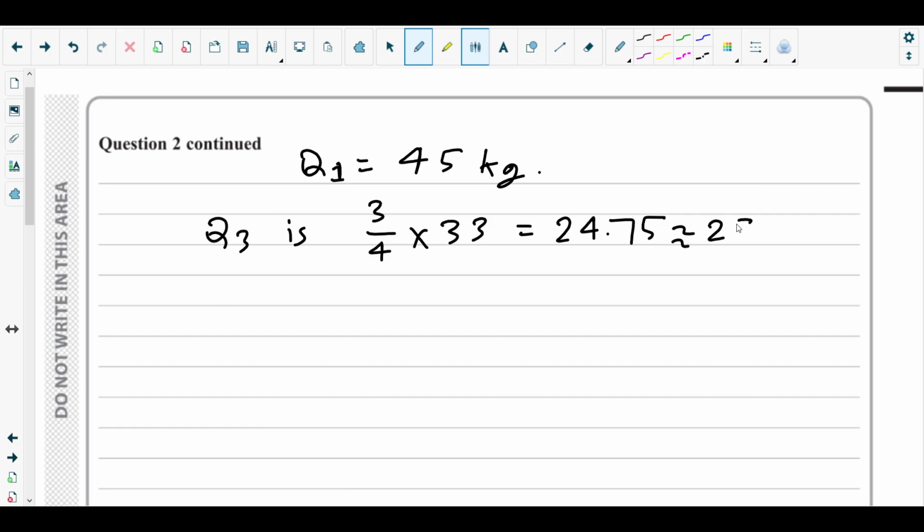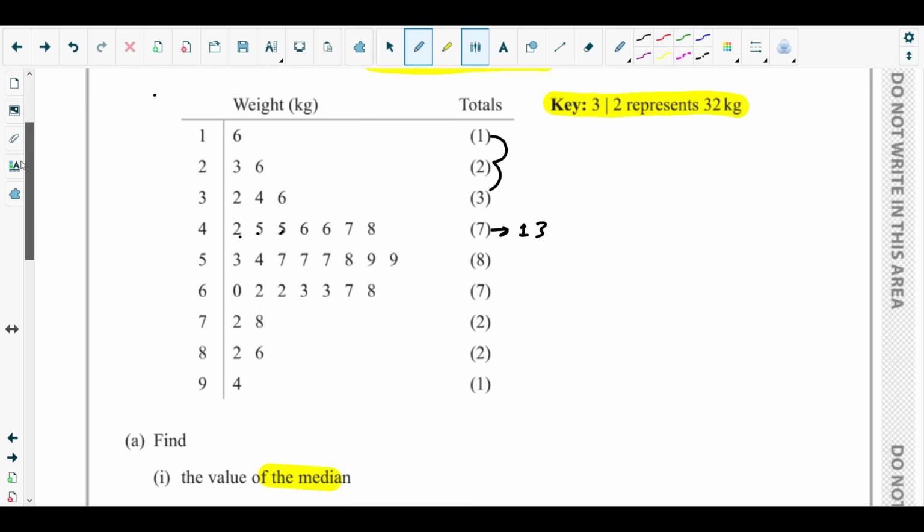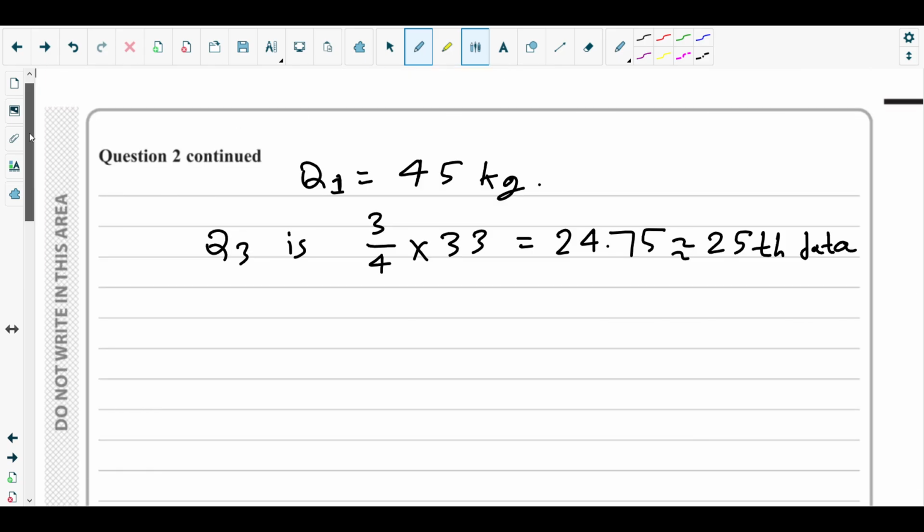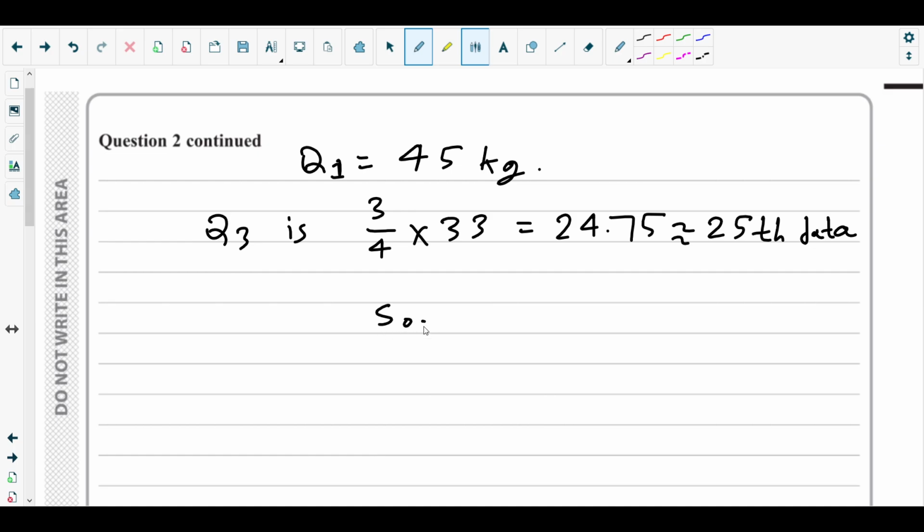So this is the 25th data. What's the 25th data from the stem and leaf diagram? Let's figure it out. Till here it is 13 and 8, this is 21, 22, 23, 24, 25. So we need the 25th data, which is this one, 63. So Q3 is basically 63 kg. Q1 we got 45, and Q3 is 63 kg.